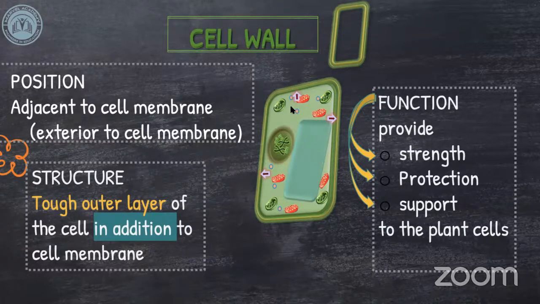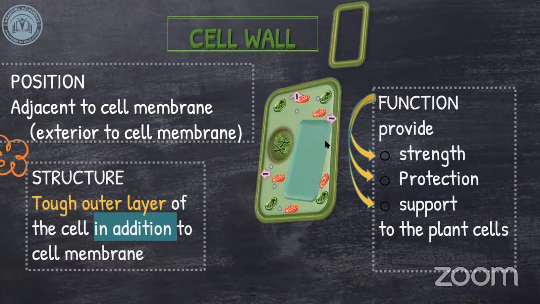I told you that it will prevent cell bursting, because these plants are living in very harsh environmental conditions, like too much water sometimes, so they should withstand that, and sometimes they don't have water during the dry seasons.